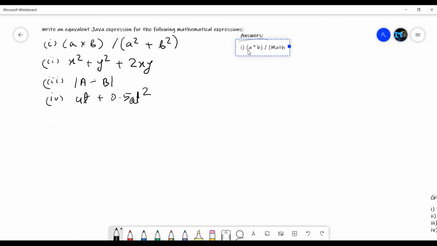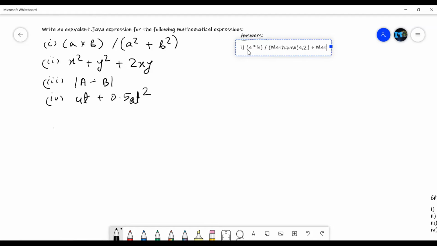Math dot, for square you use the pow function. So here Math.pow, and inside the parentheses, the first is the number, that is a, and then the power, comma 2.